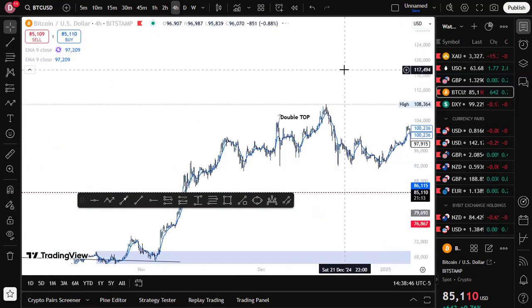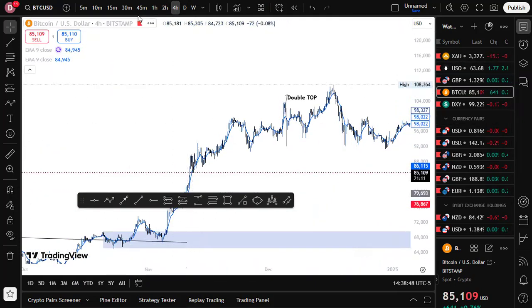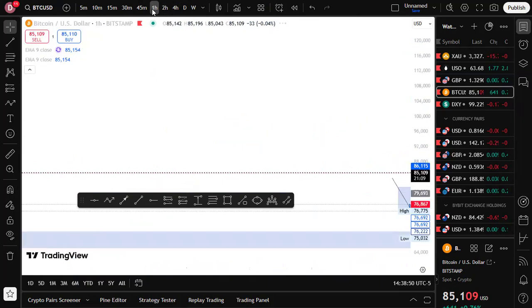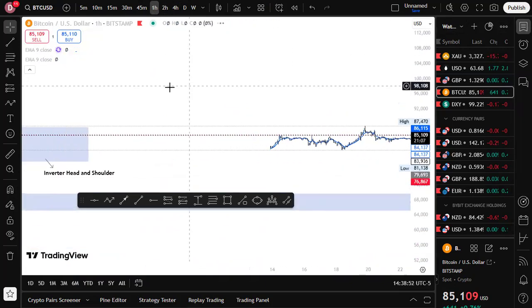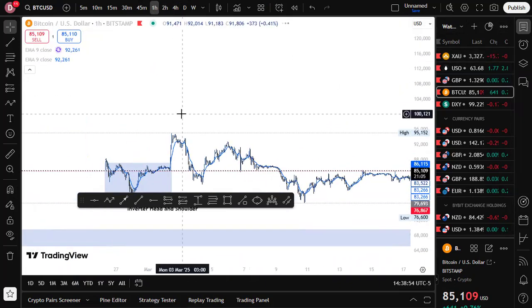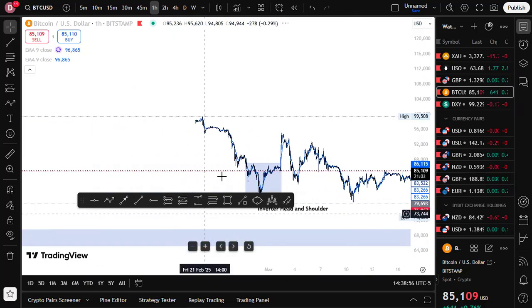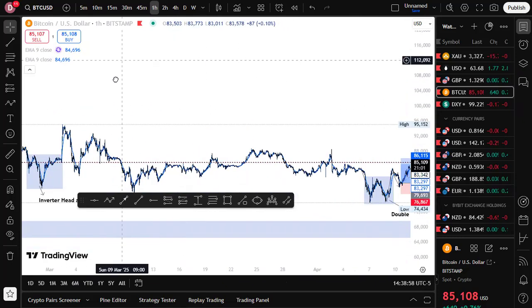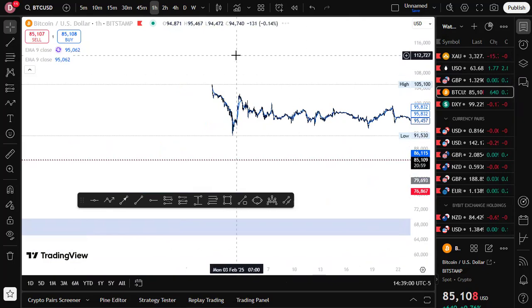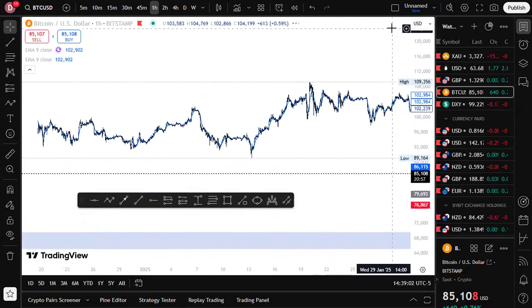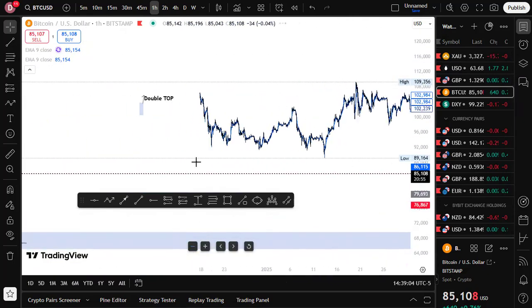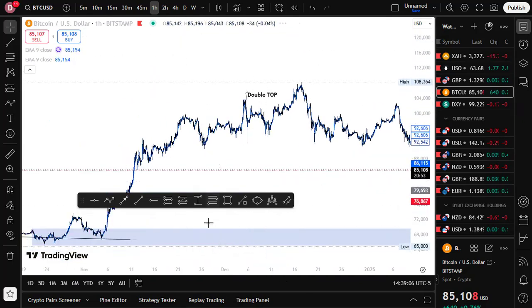Let's see if we can get a double top here.